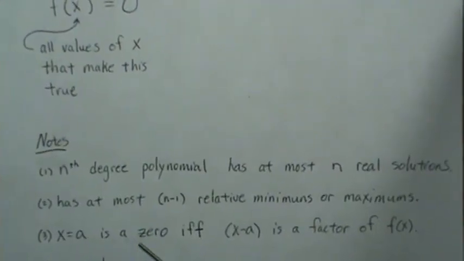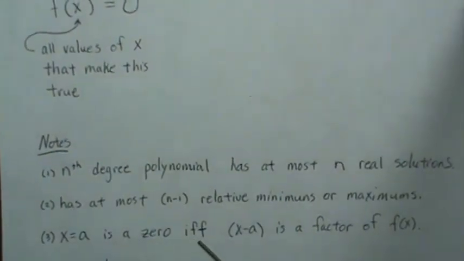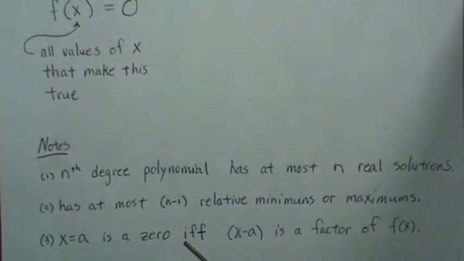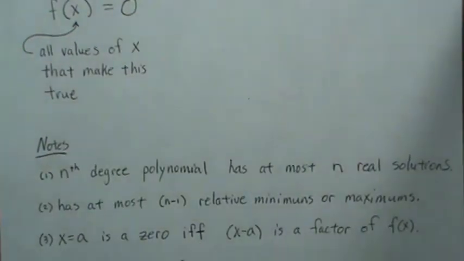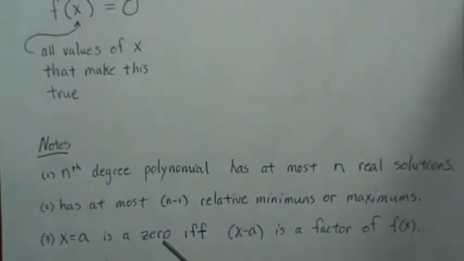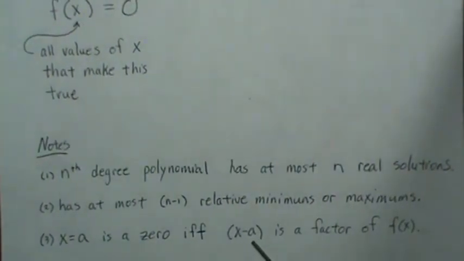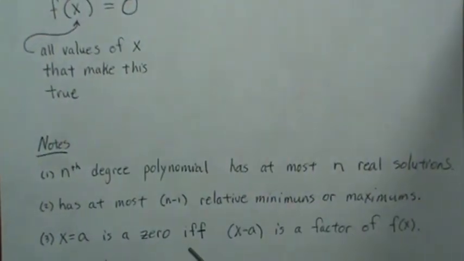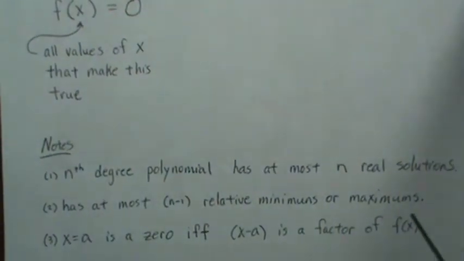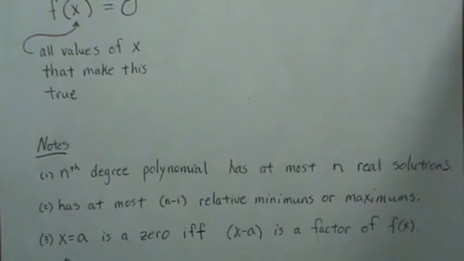Now this one here, the iff, you may think it's a mistake, but in mathematics it's called an if and only if. So a is a 0 if and only if x minus a is a factor. The if and only if means it goes both ways. So if x minus a is a factor of our function, then a is also a 0.